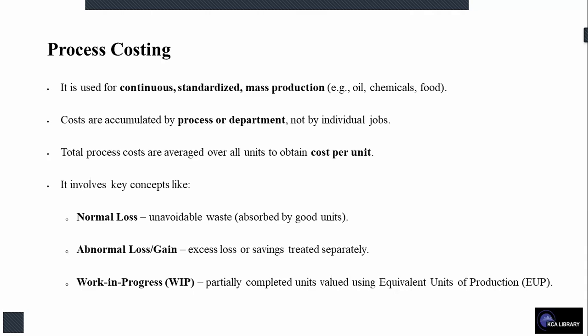It involves key concepts like normal loss, which is unavoidable waste absorbed by good units. We also have abnormal loss or gain, which is excess loss or saving treated separately. And we have work in progress, which is partially completed units valued using equivalent units of production, EUP.